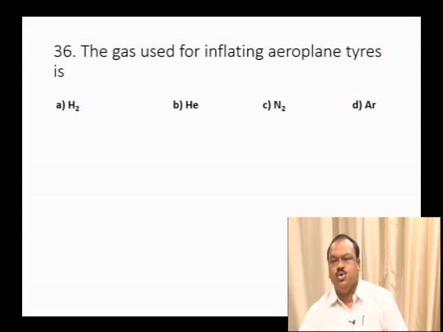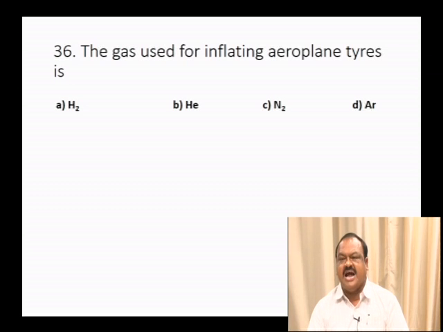The gas used for inflating aeroplane tires is? Hydrogen gas at high pressure and temperature may catch fire due to being highly combustible. Argon is inert but heavier, whereas helium is lighter, non-inflammable, and at the same time it is filled at high temperature and pressure.